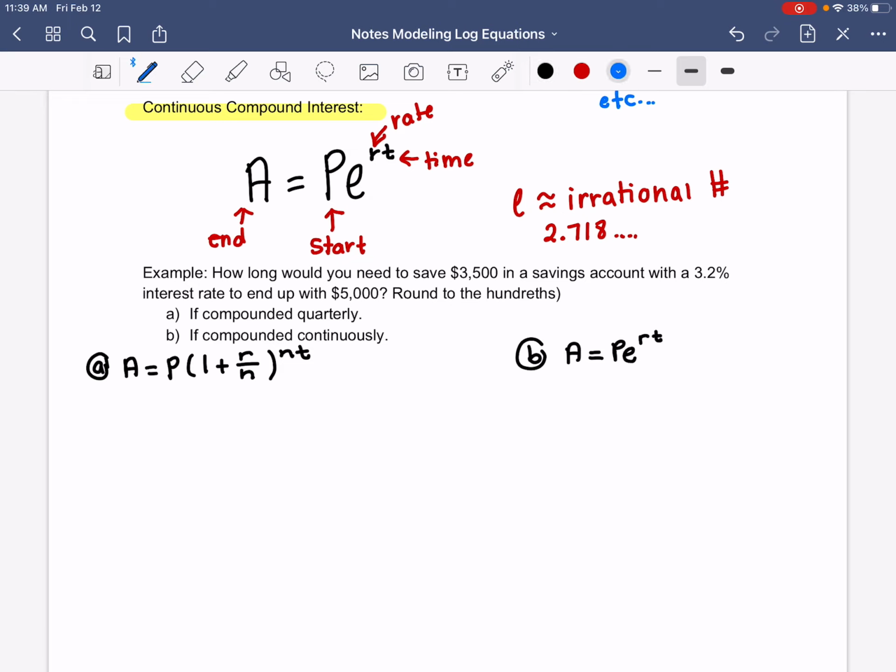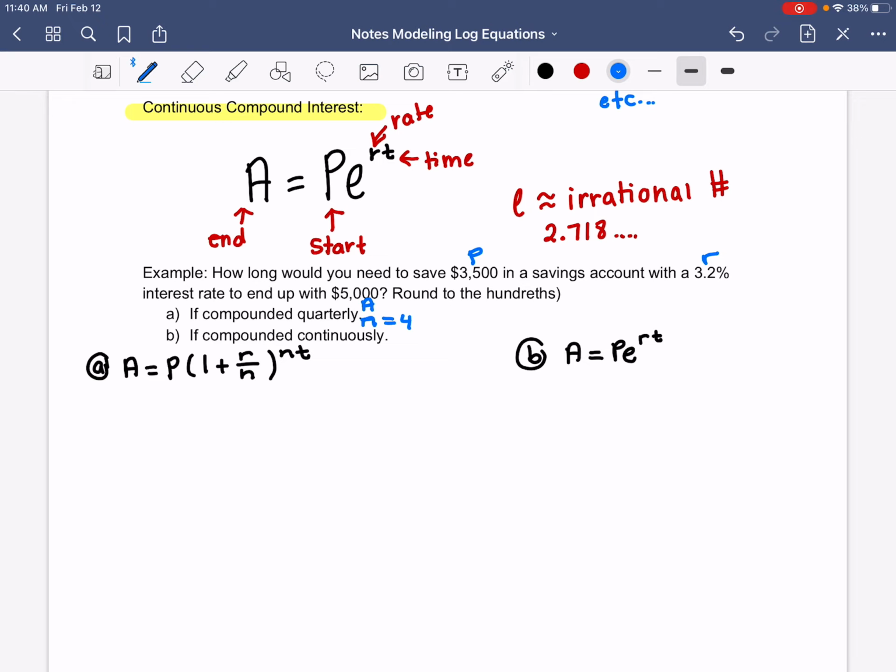Okay? All right, so the question says, how long would you need to save $3,500? So that's our starting amount. The interest rate is 3.2. We want to end up with $5,000, so that's our A. If compounded quarterly, that means that our n is equal to 4, because they go in 4 times a year to add interest.